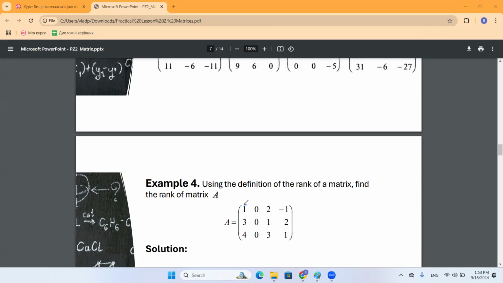There are some elements that are not equal to 0, for example, this one. So the rank is greater or equal to 1. Okay, let's check the second. If the matrix can have rank 2, which minor do you want to choose?